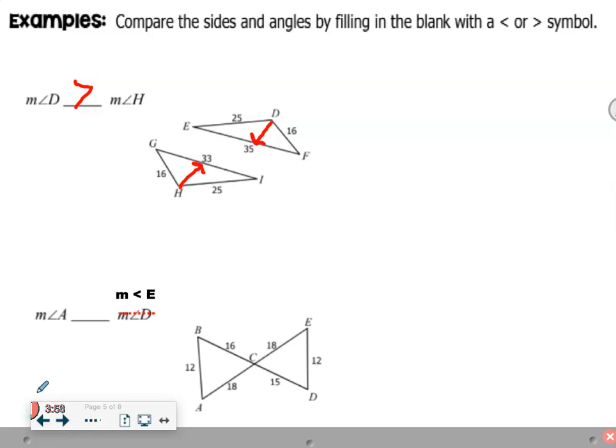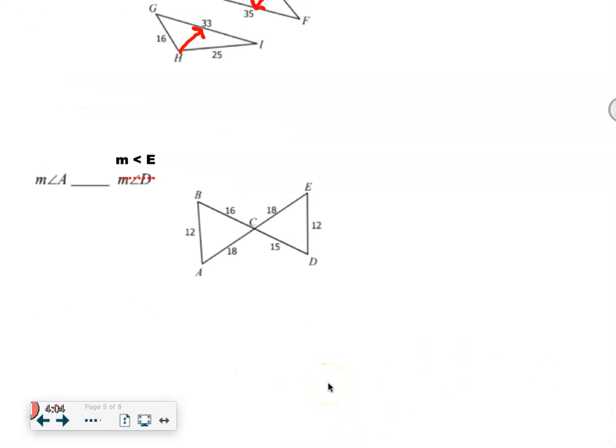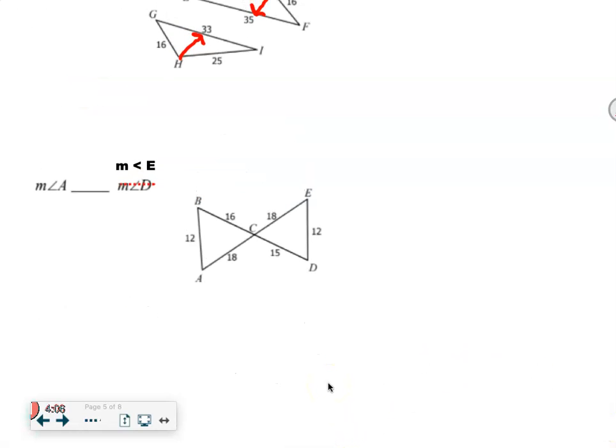Will you guys change this one to angle E? Angle E. So if I look here, angle A is across from 16. Angle E is across from 15. What do we think? Angle A.